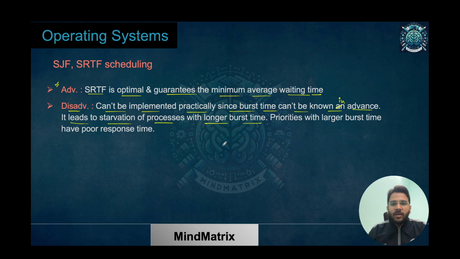Processes with larger burst time have poor response time in these CPU scheduling algorithms.